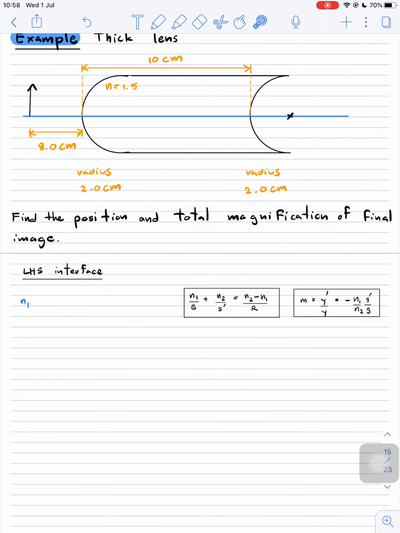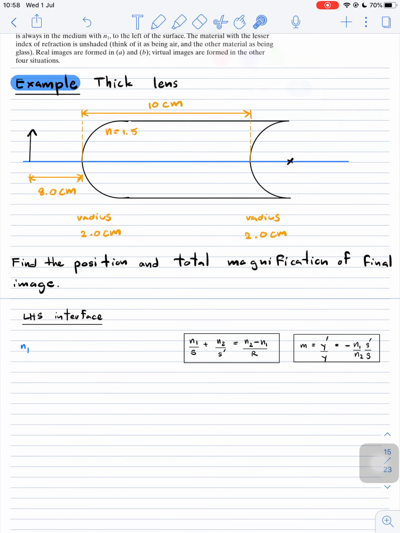Don't forget that number 1 here is reserved for the medium which is on the same side as the incident light. In this case the object is here, and the object will emit the light. It means that the incident light will be on the left hand side of this interface, right? So n1 must be equal to 1 for the air.